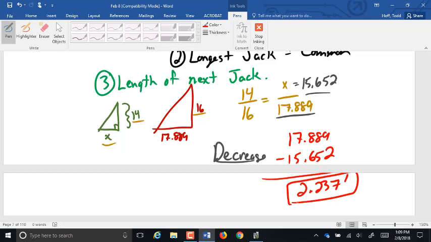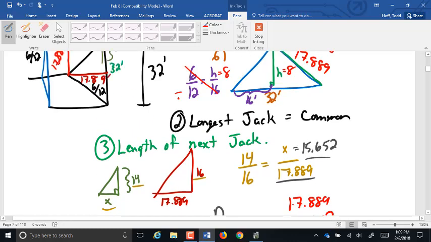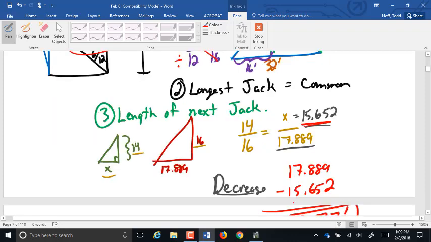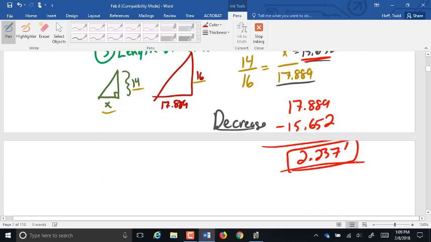So what that means is this longest one is 17.889. The next one we already found, 15.652. To get the next one, all we have to do is subtract 2.237. Just keep subtracting 2.237. Now, usually the shortest jack we'll put in is somewhere around 2 or 3 feet, depending on what standard you're building by.